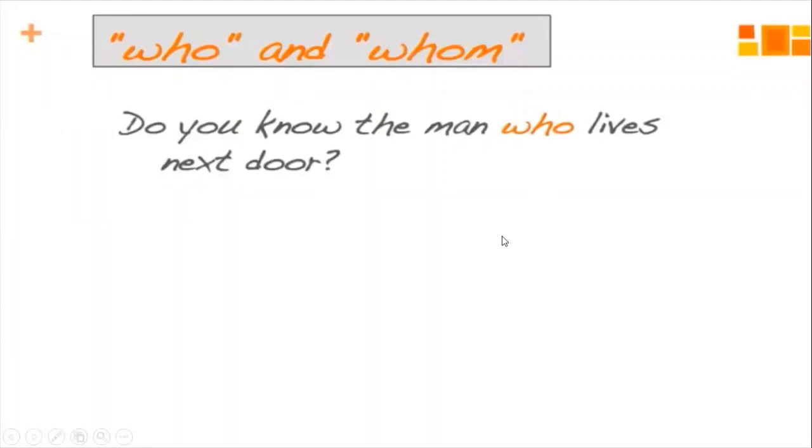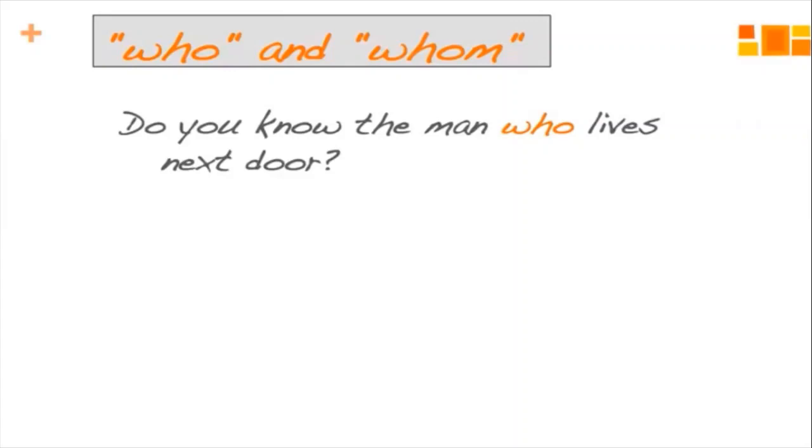Now, where or what is the relative clause? Who lives next door? Great. And is this subject or object? Subject. And now, is this a defining clause or a non-defining clause?